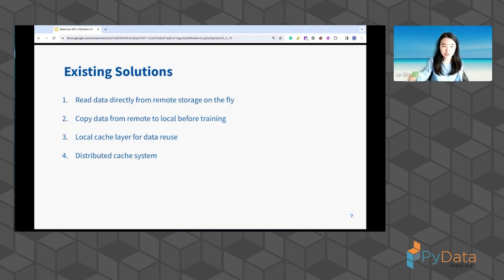Or you can copy the data set from remote to local before training. However, this approach requires that the whole data set fit in your local disk, which may not be the case in many training workloads. The GPU clusters may not have this available, or their disks have limited capacity.